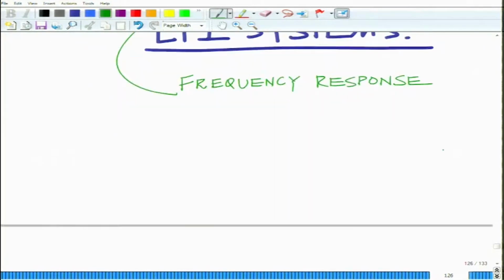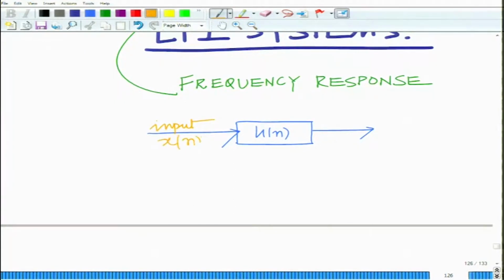Okay. So, consider a discrete time LTI system with impulse response given by h[n]. The input to this LTI system is x[n], the output is y[n], and h[n] denotes the impulse response of this system.